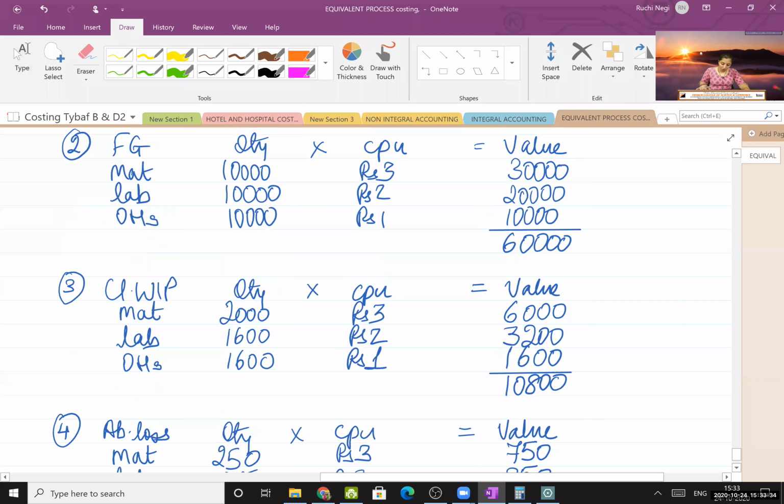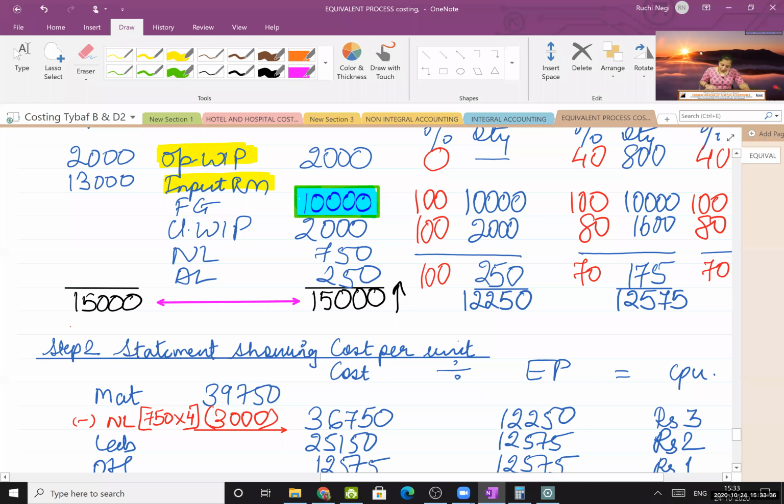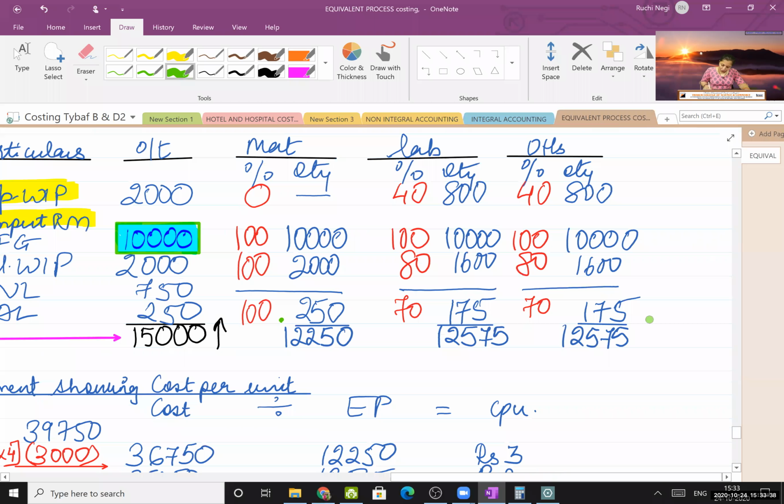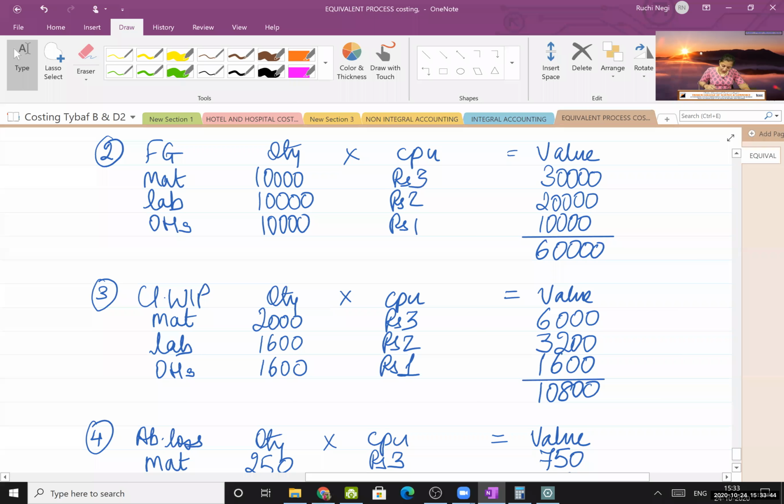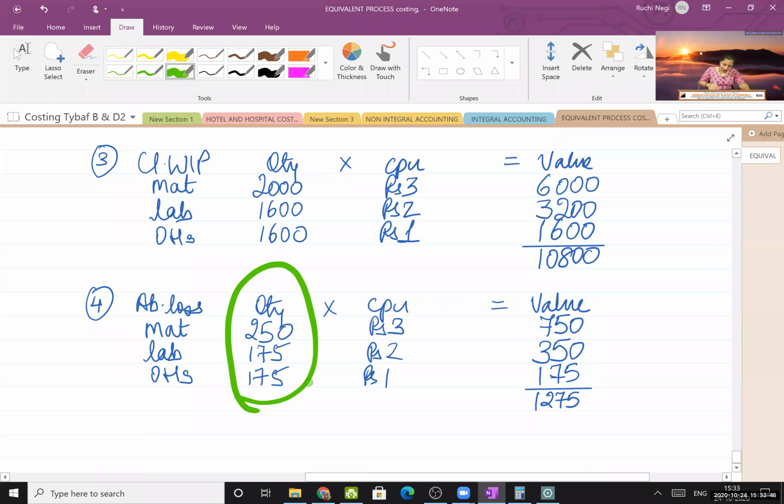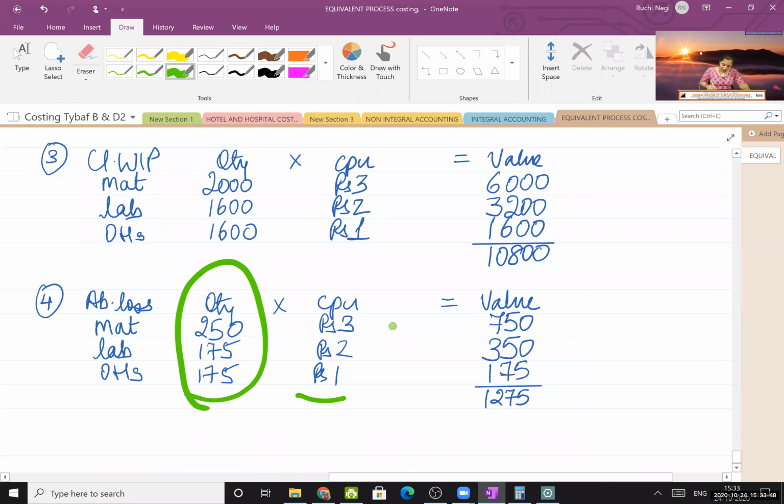Similarly, abnormal loss. Abnormal loss ka what is the breakup? 250, 175 and 175. So write it here and multiply it with the rate. Actually what you are doing is step 1 multiplied with step 2, and you are getting step 3.